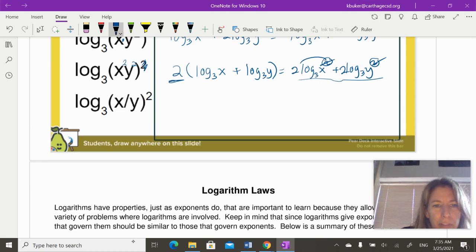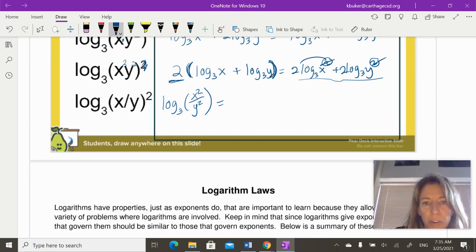just because some students may forget to put the parentheses, I'm actually going to rewrite this first as log base 3 of x squared over y squared. And like I said, many students will forget the parentheses, and if you don't have the parentheses, this would be incorrect. We have to have the 2 apply to both logs.